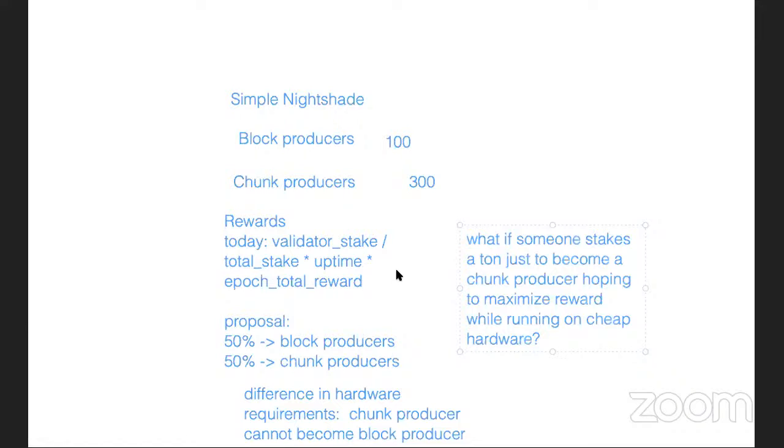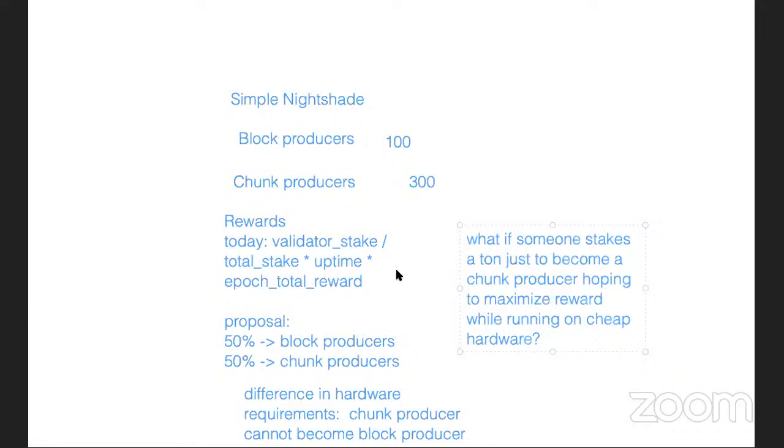If there's a sufficiently large number of shards, it becomes less of a problem. Even if we have only 16 shards, your reward is capped at around 3% of the overall reward. So even if you stake more, some of your reward will just be wasted.